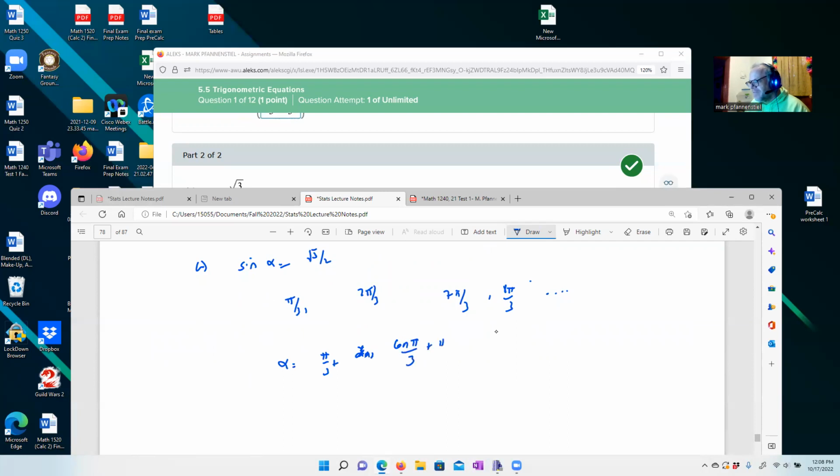That'll give us pi over 3, then 7 pi over 3, the next time around the circle, and so on. And then we give our set and union it with 2 pi over 3 plus 6n pi over 3. And that'll give us all of the ones following that.